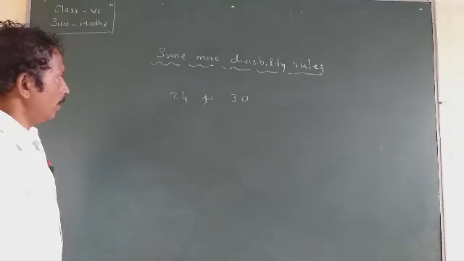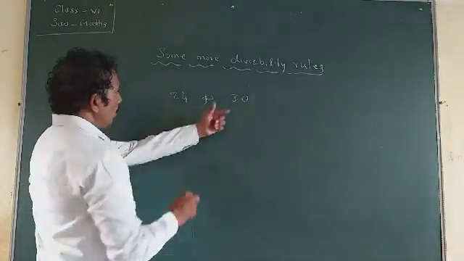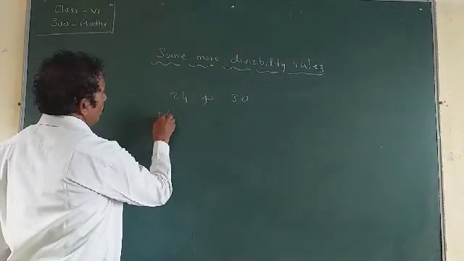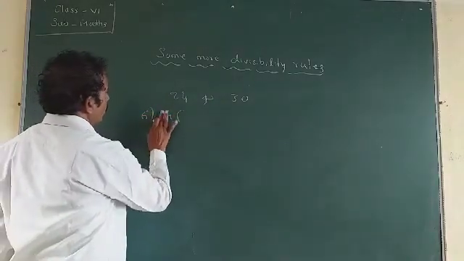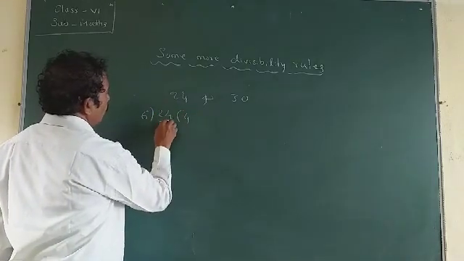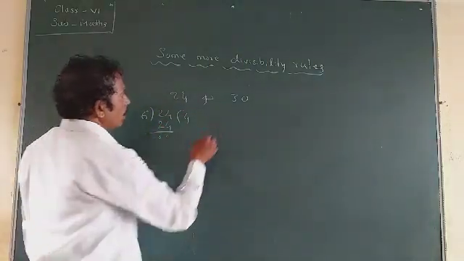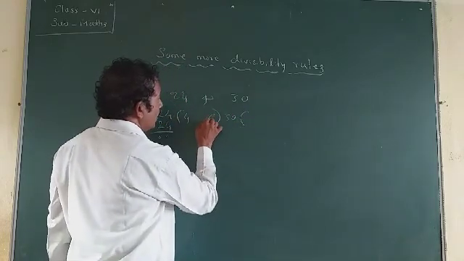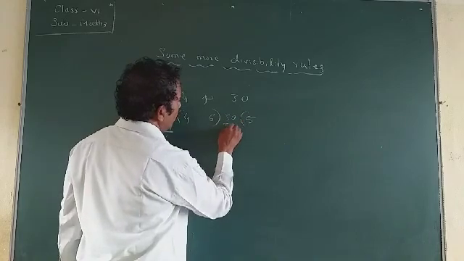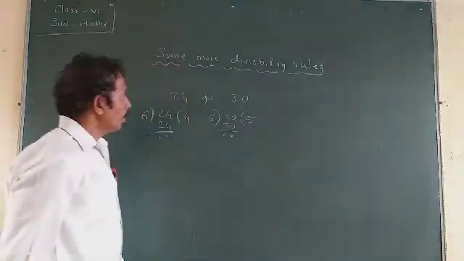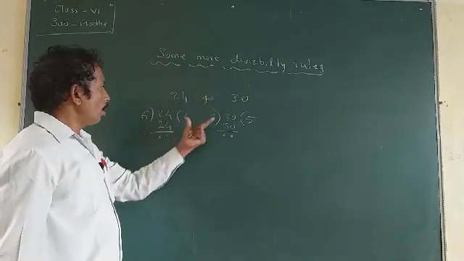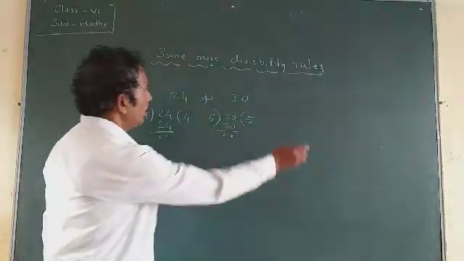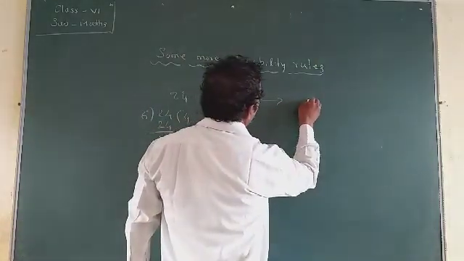These two numbers are divisible by 6 because 24 is divisible by 6, 6 4s are 24, remainder 0. Similarly, the number 30 is divisible by 6, 6 5s are 30, remainder 0.